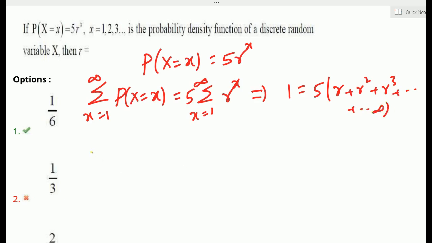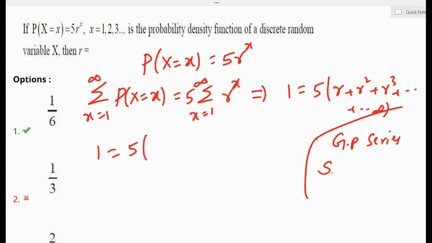In the next step, we got 1 is equal to 5 into R plus R square plus R cube, etc. It is in the form of which series? Yes, it is a GP series. Do you know the GP series up to infinity formula? Up to infinity, that is denoted as S infinity. S infinity formula is A by 1 minus r. A means the first term.